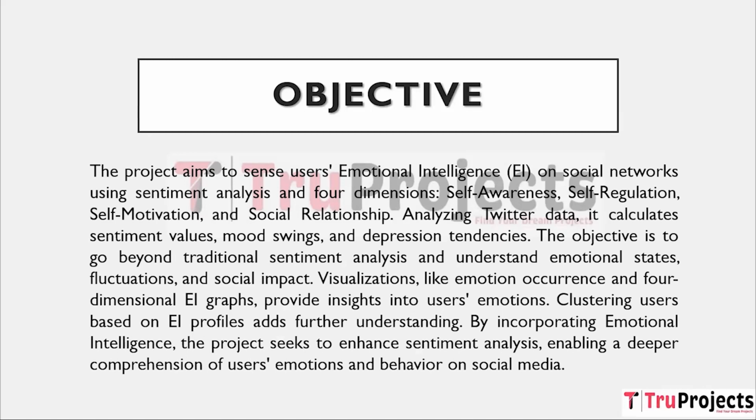Emotion occurrence and four-dimensional EI graphs, for example, provide insights into the user's emotion. Clustering users based on EI profiles improves comprehension. The project aims to improve sentiment analysis by adding emotional intelligence, allowing for a better understanding of users' emotion and behavior on social media.